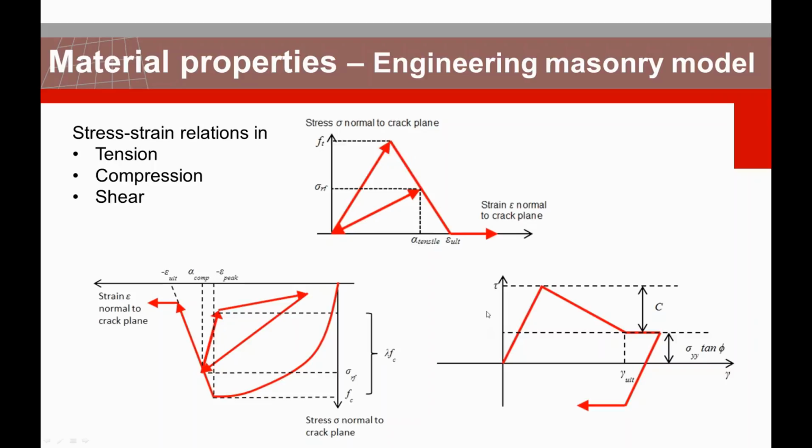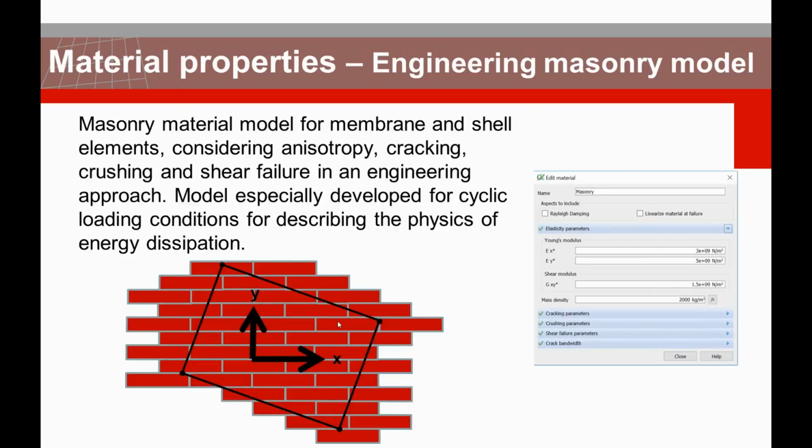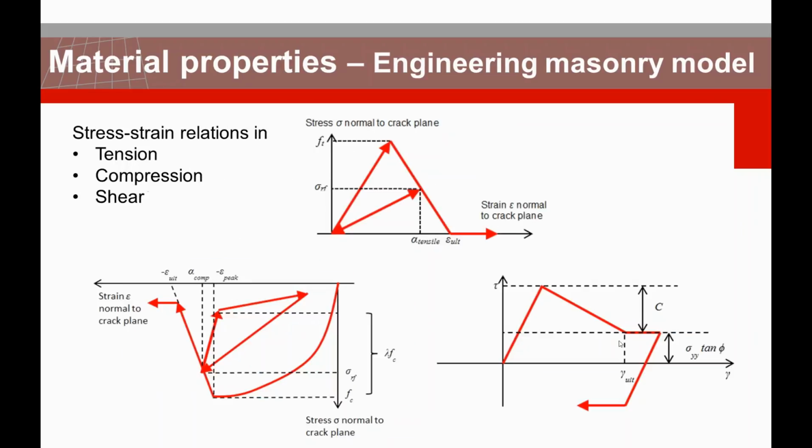For shear behavior, here you can see tau gamma. We are working based on the amount of tension and compression that is burdened from the weight of the other bricks onto the lower one. We are working based on that and the cohesion.